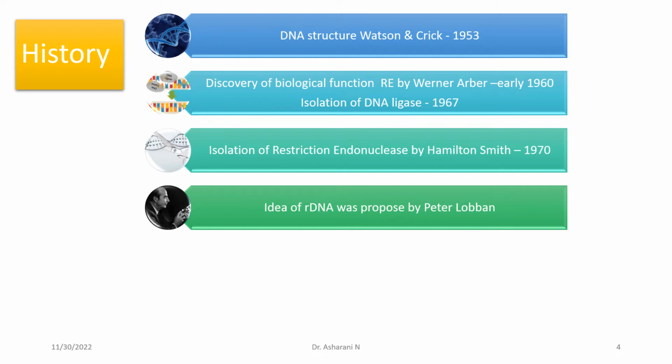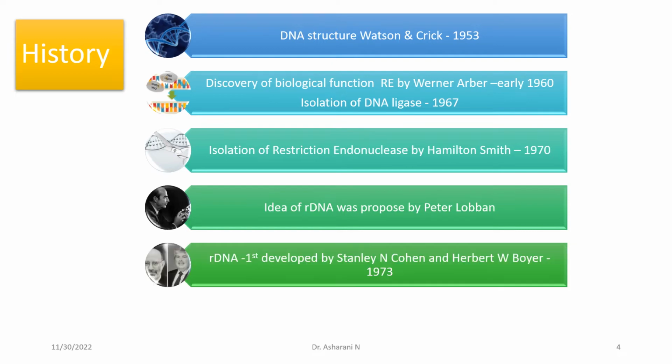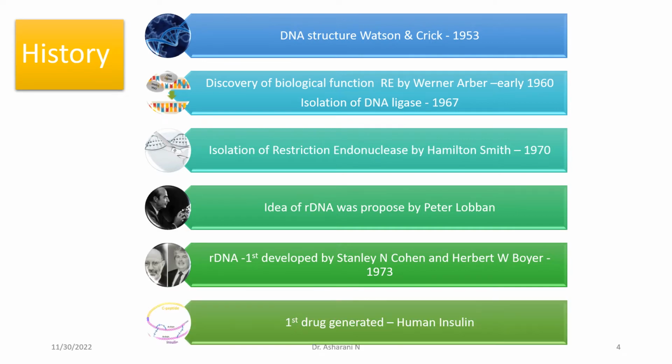Then Peter Lobban, a graduate student of Dale Kaiser, proposed the idea of rDNA, and it was first developed by Stanley N. Cohen and Herbert W. Boyer. So it is Cohen and Boyer in 1973 who developed this rDNA technology.